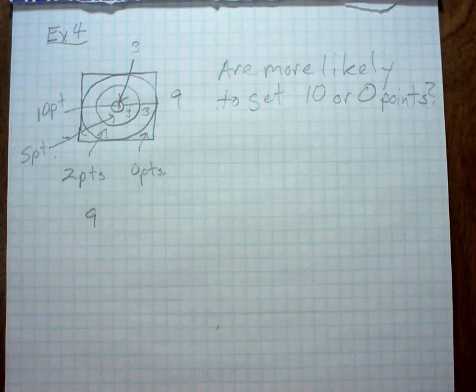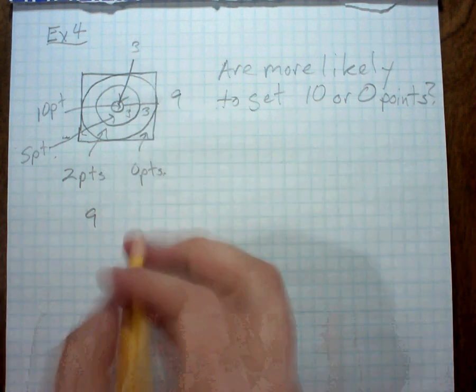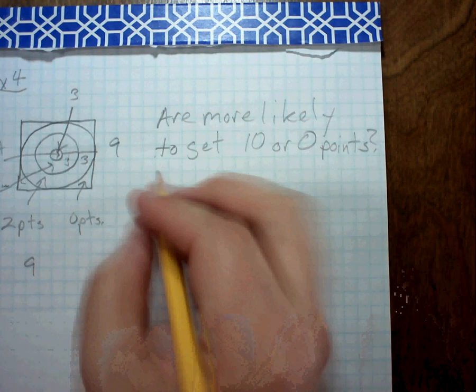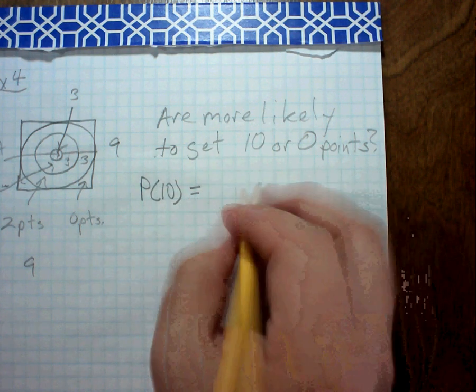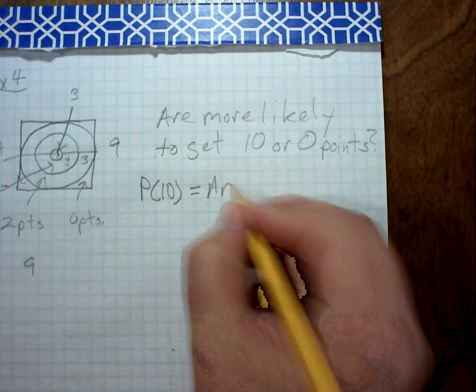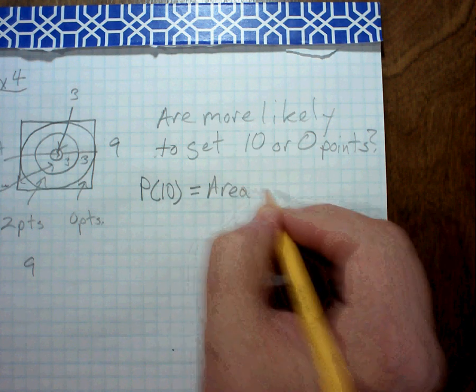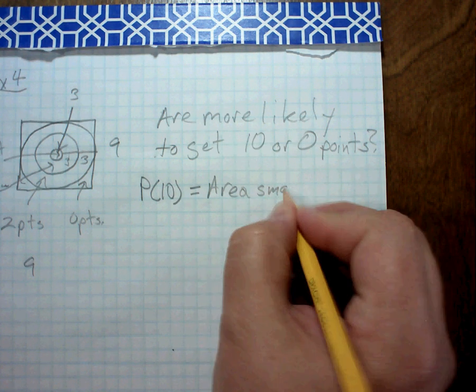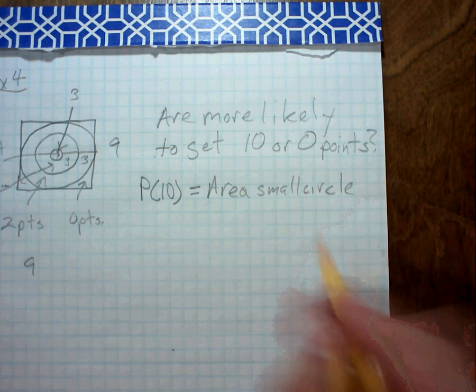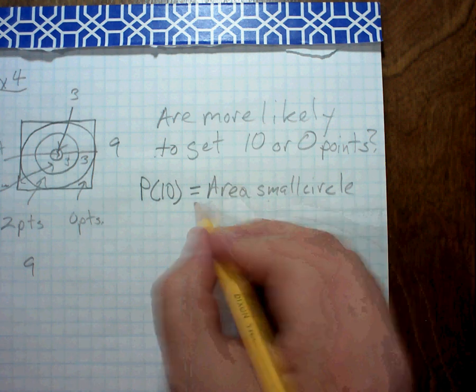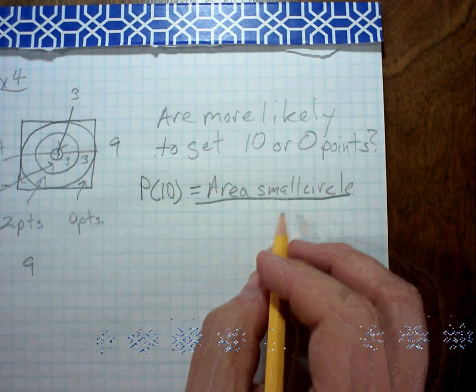So let me write this out. The probability of you getting 10 points is equal to the area of the small circle, right? So that's the favorable outcome, over the possible outcome, which is going to be the area of the board.